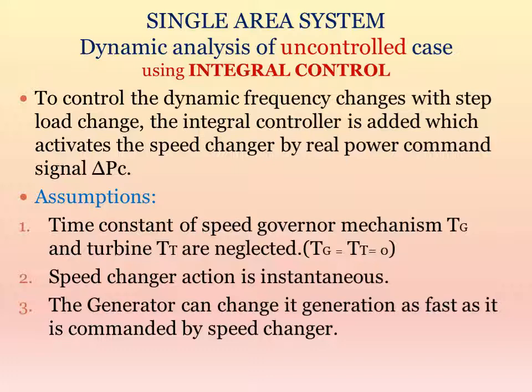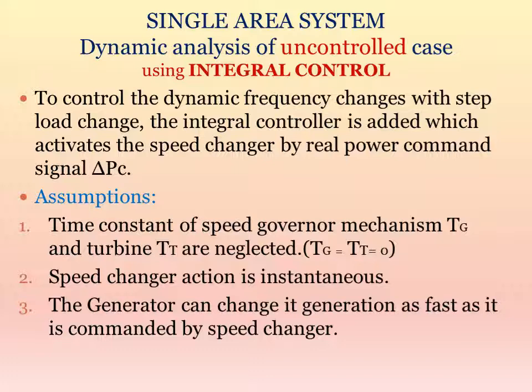So we go for integral control. The integral controller actuates the load reference point until the frequency deviation comes to 0, and also the integral controller gives zero steady state error. The speed changer setting can be adjusted automatically by monitoring the dynamic frequency changes with changes in load.